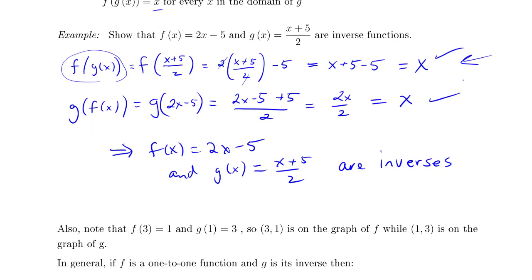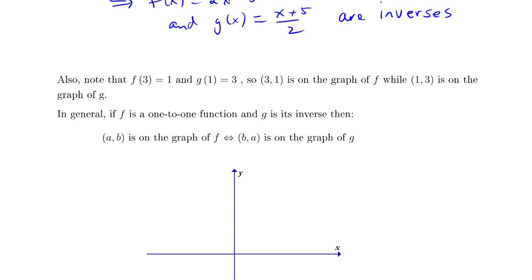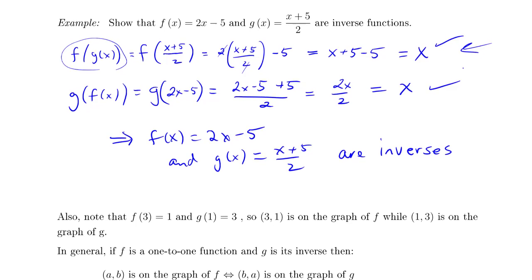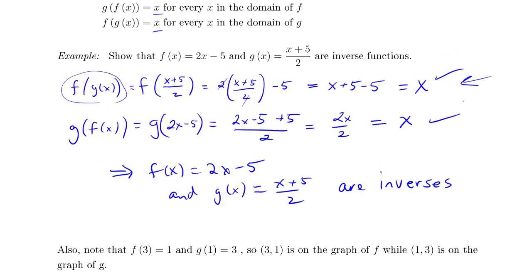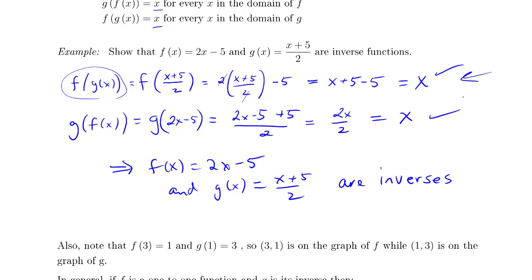Okay, so what else does that mean? So like we said before, if you put 3 into f, that's 2 times 3 minus 5, that's 1. And because they're inverses, if you put 1 into g, 1 plus 5 over 2, you get 3.